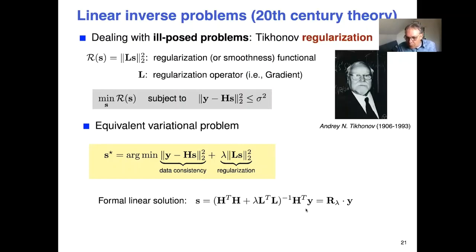And now the main point is that this solution is linear, and it depends on lambda, which is our so-called regularization parameter. It looks very basic, but I have to tell you, this is often the algorithm that is in commercial scanners in one form or another.